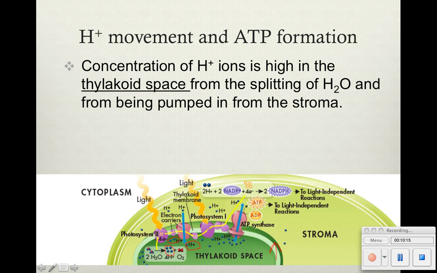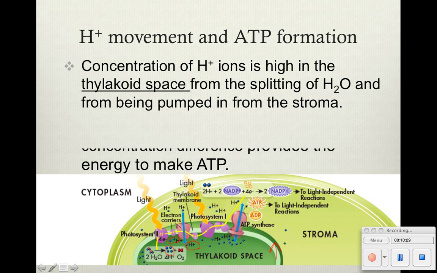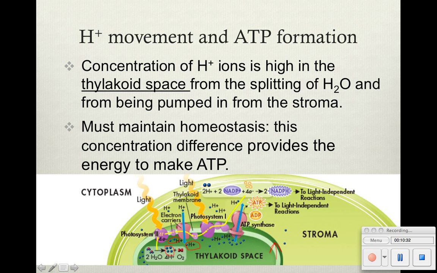You want to think back to your osmosis and diffusion things. We've got a high concentration. We don't want a high concentration. That means that homeostasis is not being met. All right, so what has to happen is that we've got to make up the difference, so that we can get ATP energy to be made.